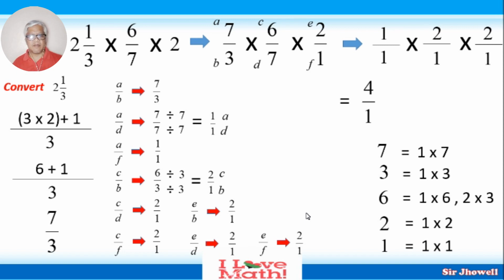And since our answer is 4 over 1, sabi natin, if a number has a denominator 1, magiging whole number siya. Therefore, 4 here is our final answer, nung tanong na 2 and 1/3 times 6 over 7 times 2.